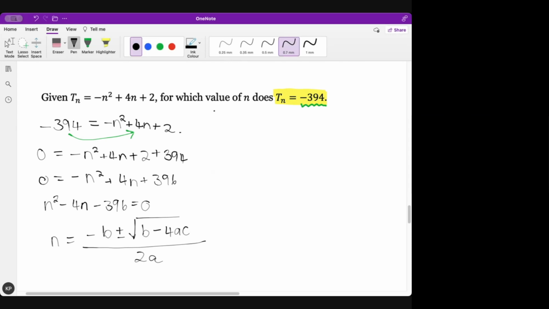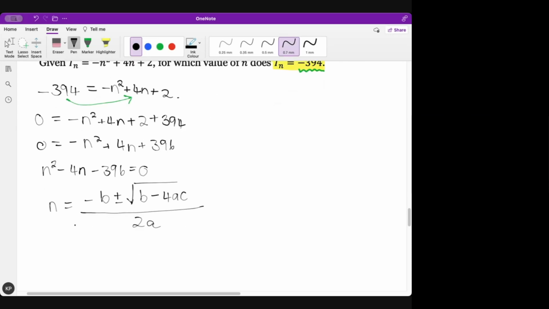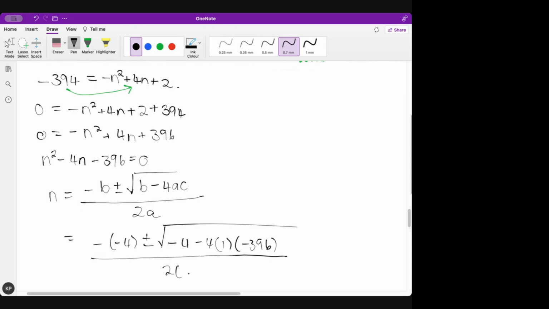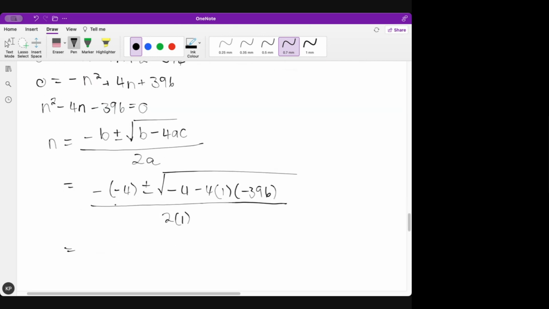Okay, let's substitute. b is equal to negative 4. Hoping you guys are doing it on your side as well. Minus negative 4. a is 1. c is negative 396. All over 2 times 1. Great. So this is 4.